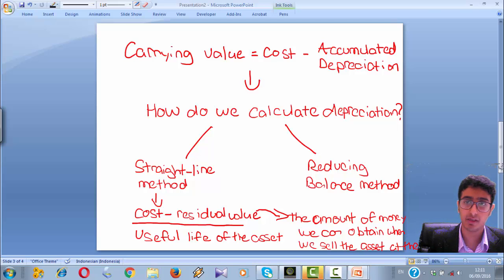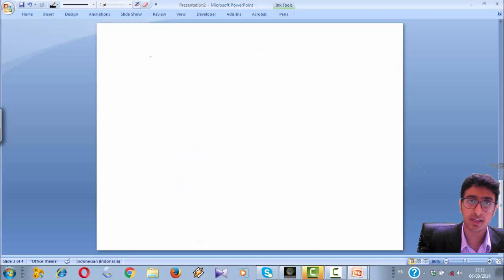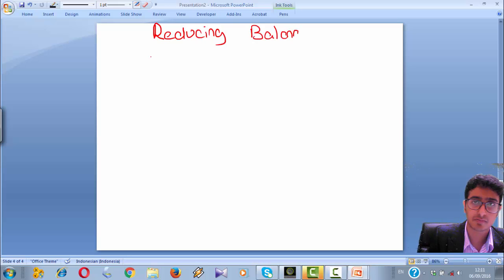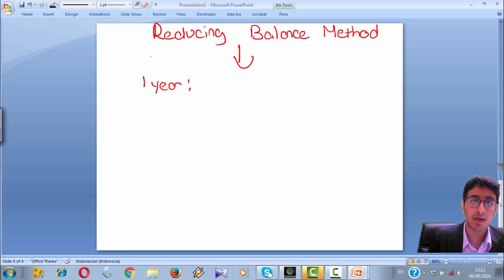How about reducing balance method? In reducing balance method, let me explain this in the next slide. Okay, now, the first year of reducing balance method will be cost times the depreciation percentage. Now you will get your depreciation for the first year.